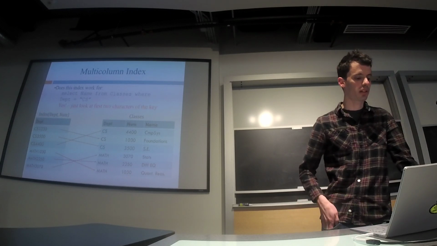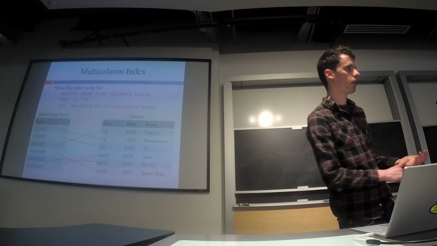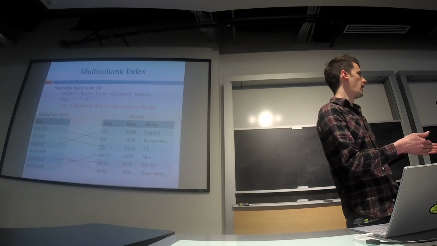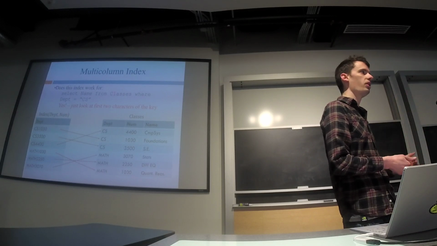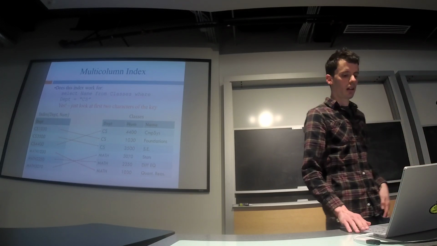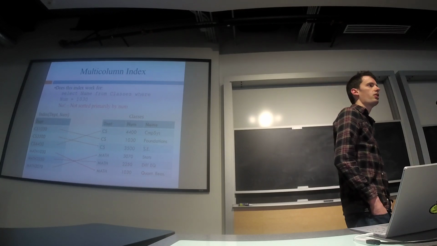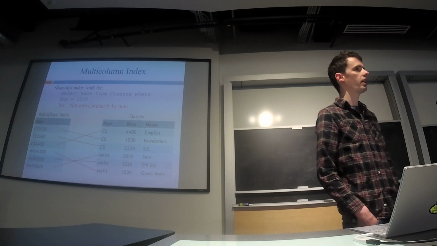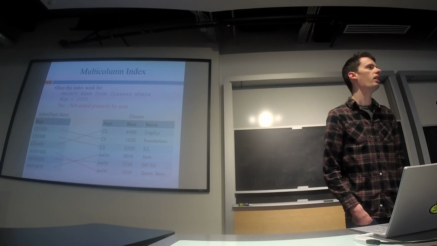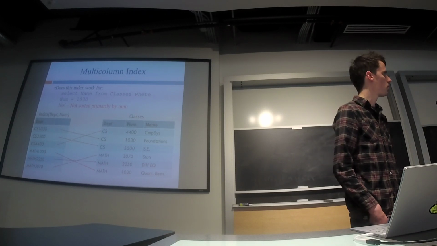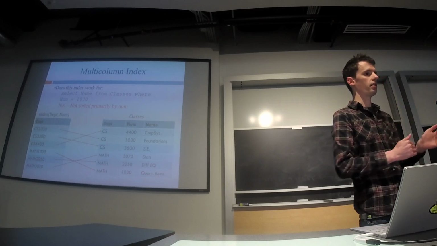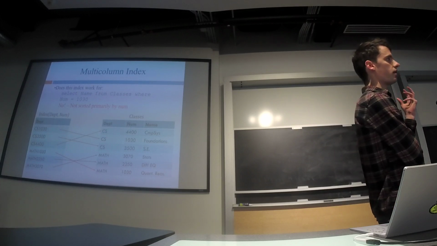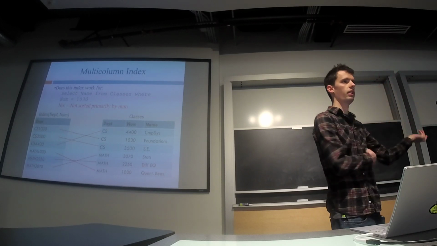But it also helps if I'm just searching for the first one, department, because I can just look at the first few letters, and those keys are going to be sorted by department. It does not help with searching by num because these compound keys are not sorted by num. They're sort of sorted by num, but only within clusters. So all of the CS nums are sorted relative to other CS nums, but are not sorted relative to every other number.